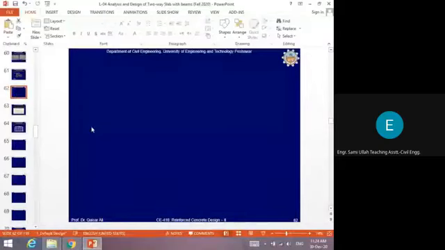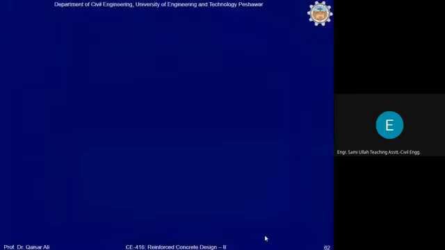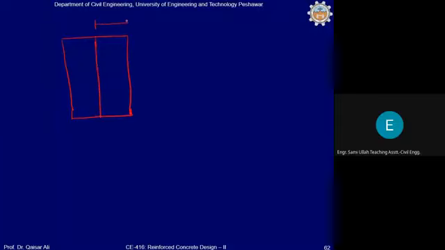Now, since you are familiar with the load transfer mechanism of a one-way slab system, so for example, if there is a one-way slab system consists of two panels like this. This is the shorter side, which is represented by LA.